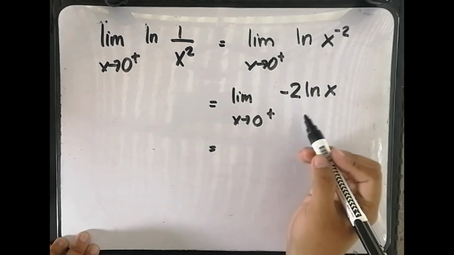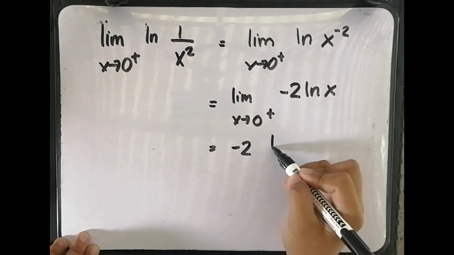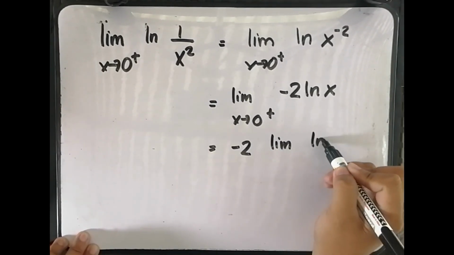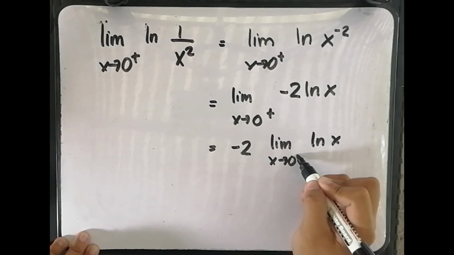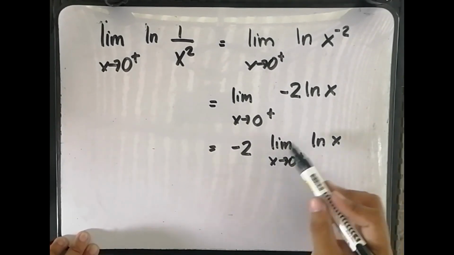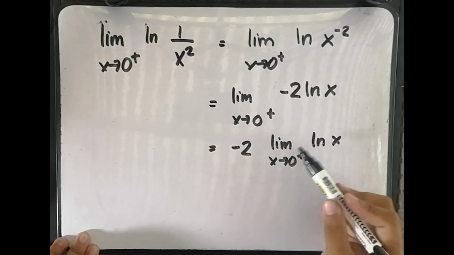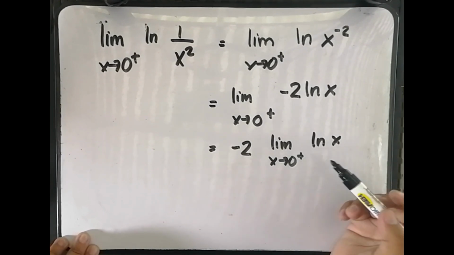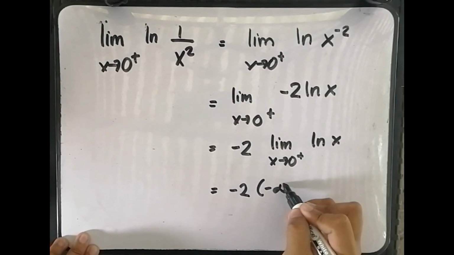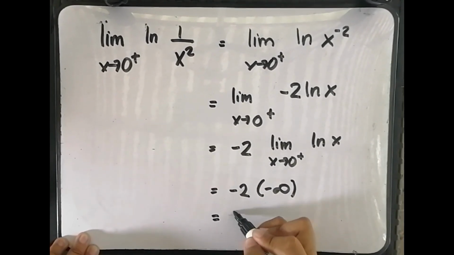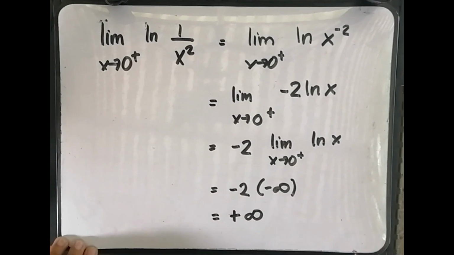Or that is now, ilabas natin si negative 2, the limit of ln x as x approaches 0 from the right. And we know that the limit of this is equal to negative infinity. Therefore, we have negative 2 times negative infinity, which is equal now to positive infinity.